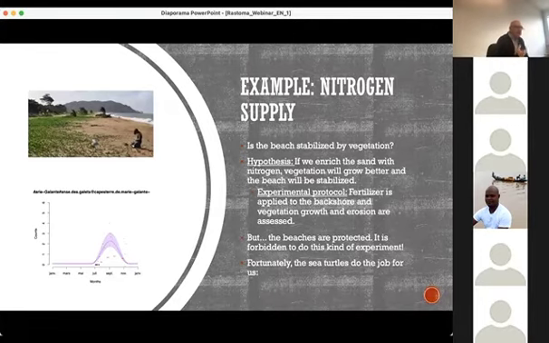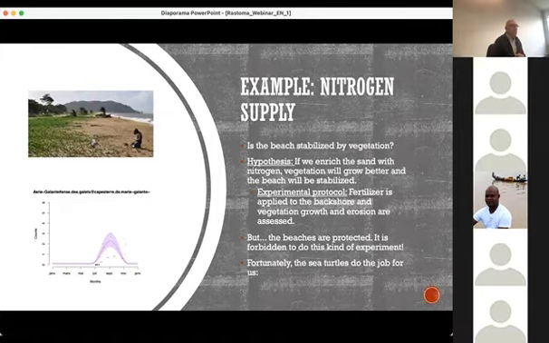What is there in an egg? In an egg, you have nitrogen, and when the turtles deposit eggs on the beach, they deposit nitrogen also with the egg.